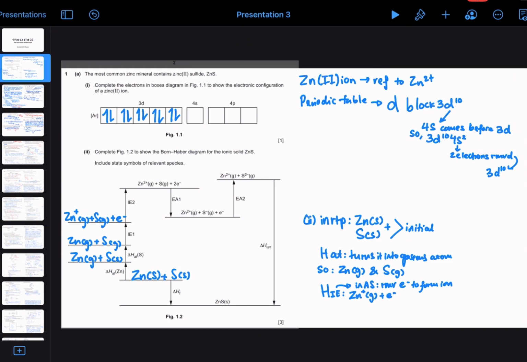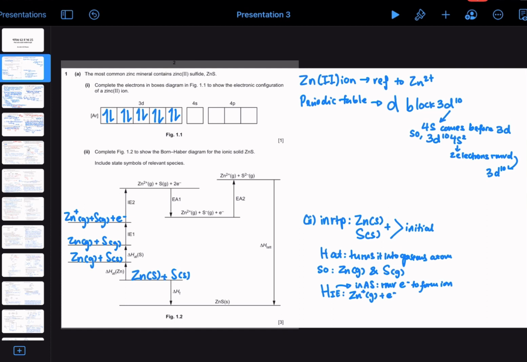And we know 4s comes before 3d, so you're removing 2 electrons, right? Those 2 electrons are removed from the 4s orbital, so it becomes 4s0 instead of 4s2 and 3d10. So yeah, you have 10 electrons in the 3d orbital.